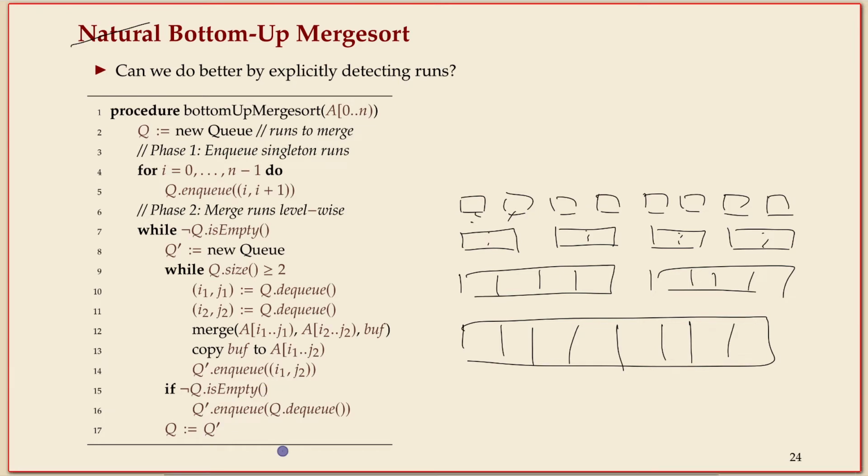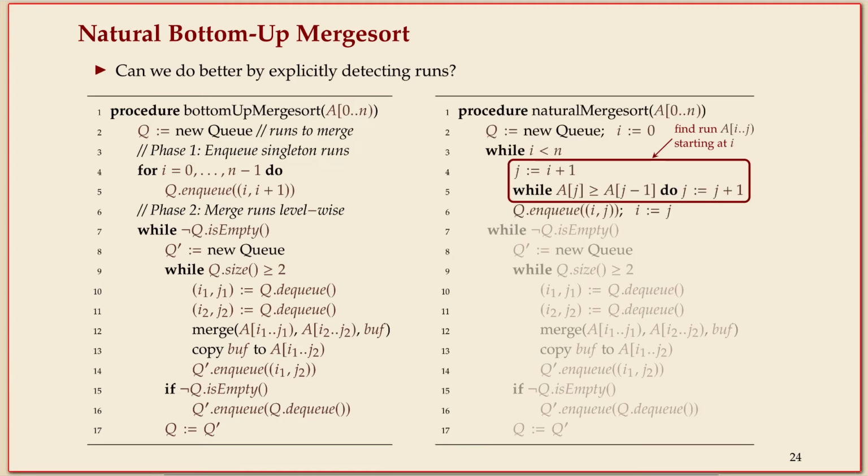So maybe this code needs fixing to terminate. I'll double check, but the key part is, yep. Yeah, it happily packs the full array into the new queue and keeps looping. Apologies for that, but it's easy to fix.